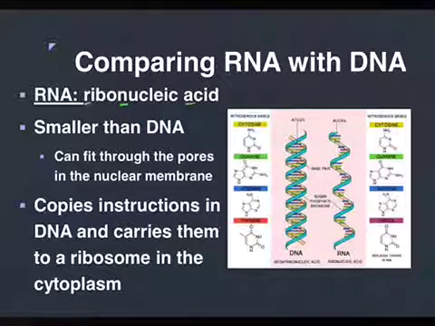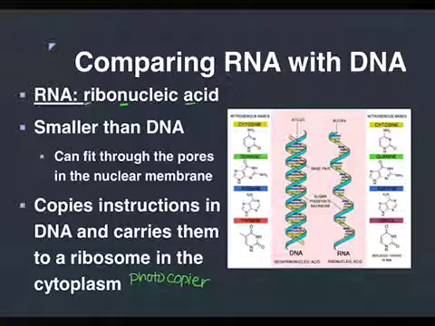This is a much smaller molecule than DNA, which allows it to fit through the holes in the nuclear membrane. So it copies instructions from DNA and carries them to the ribosome in the cytoplasm. And so RNA is kind of like the photocopier because it copies the instructions.